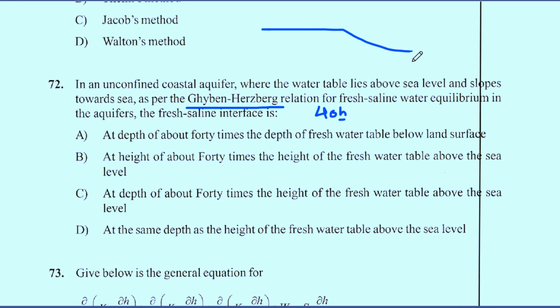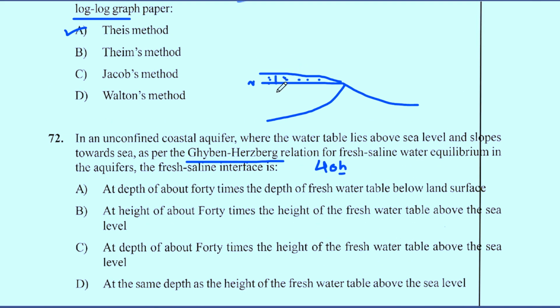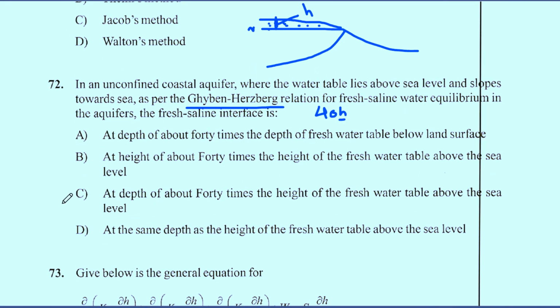Suppose this is our coastline. Here we are getting C. This is the curve. Okay, this is our water table, suppose. Okay, and this is the coastal area. Water table is here, and this is the height. This is the H that I'm talking about, above the water table. Okay, so our answer is this one.